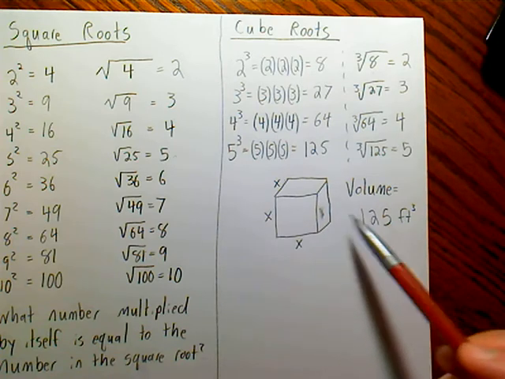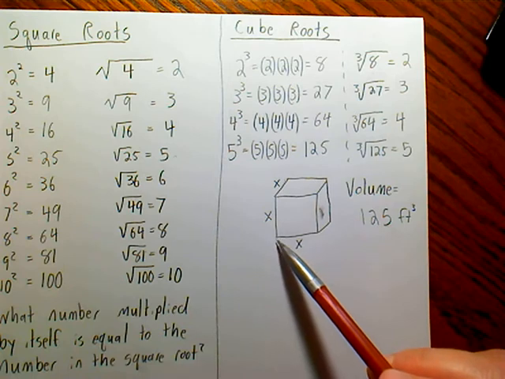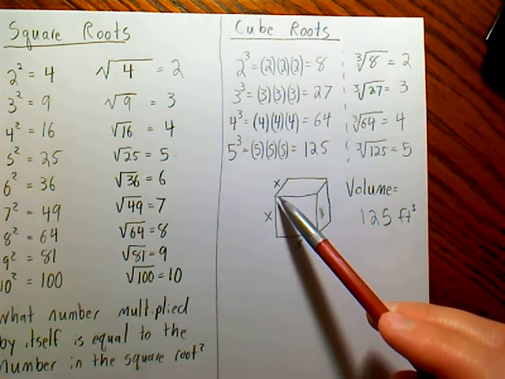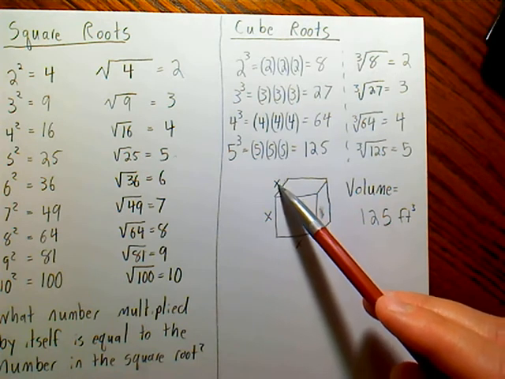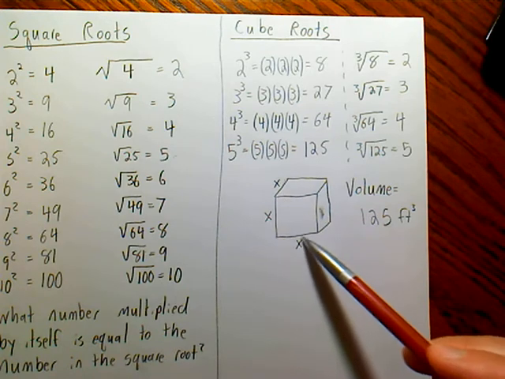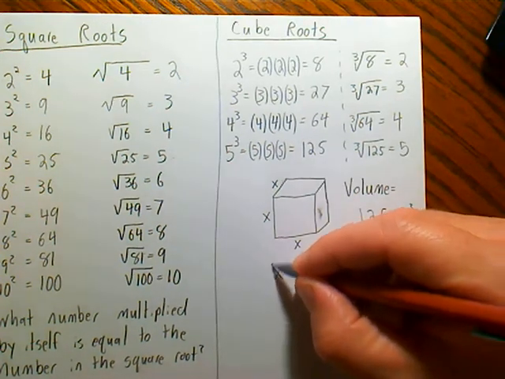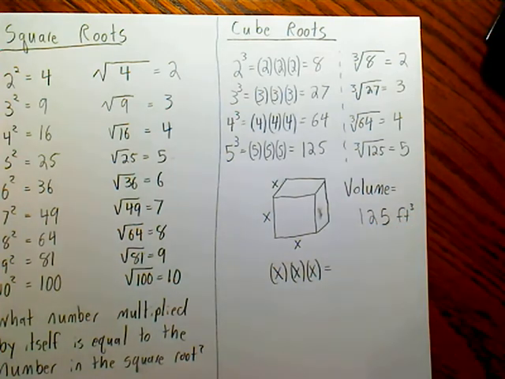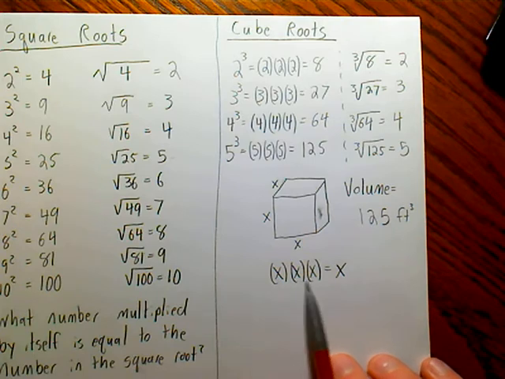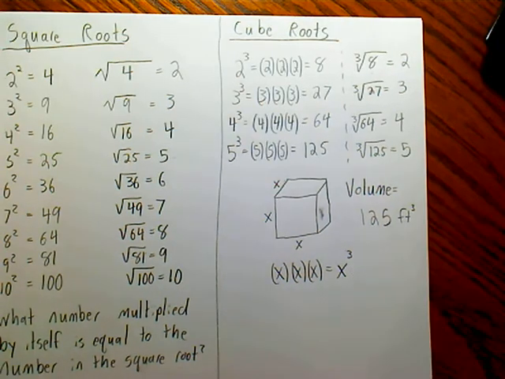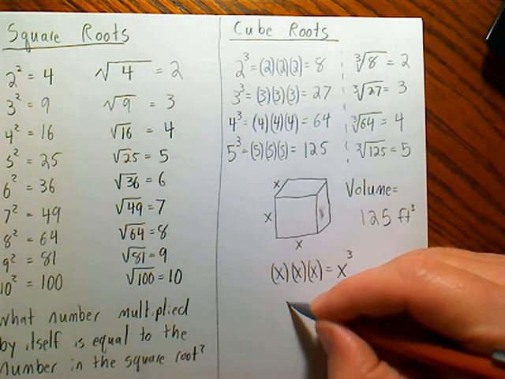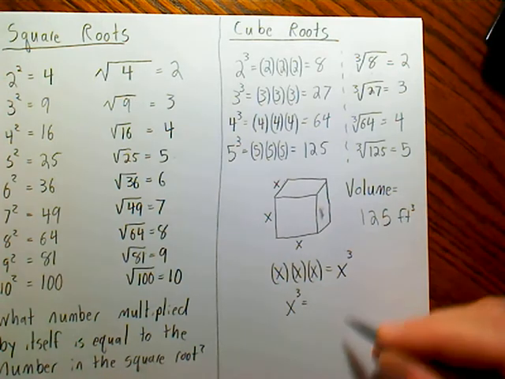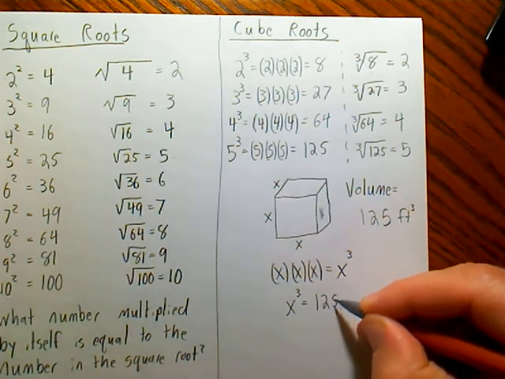And to find this volume, we need to multiply the base times the height times the depth. So this side times this side times that side. So x times x times x, which can be rewritten. Well, x is my base. I want to find an exponent, x being my base. How many times is it being multiplied by itself? 3 times. So we know that x cubed is equal to 125.